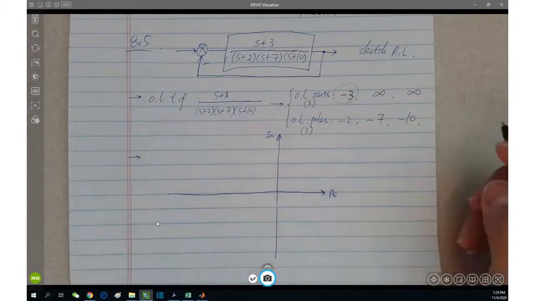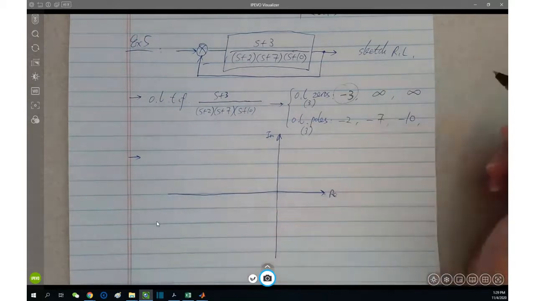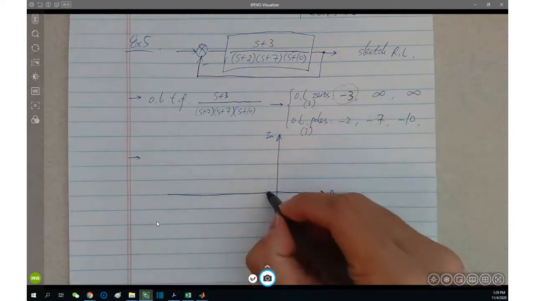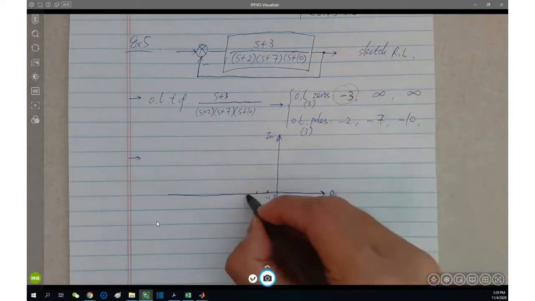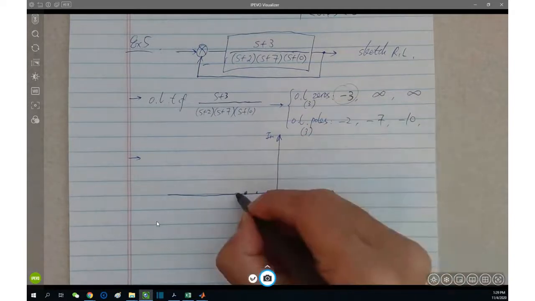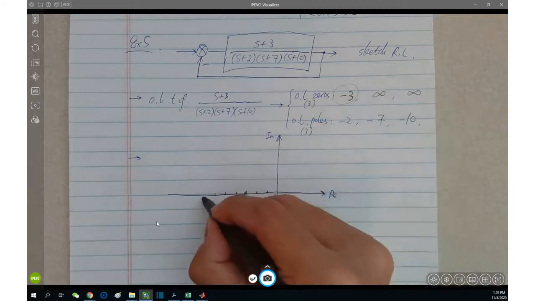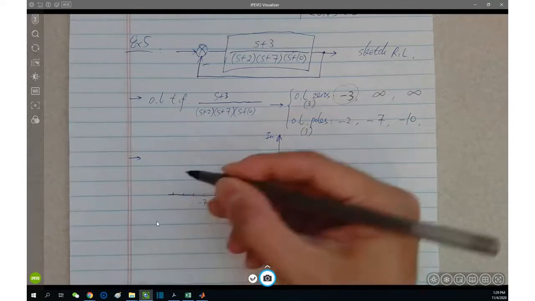Right? So we have -3, -2, -7, and -10. If we define here is -1, here is 0, and then 2, 3, 4, 5, 6, 7, 8, 9, 10.